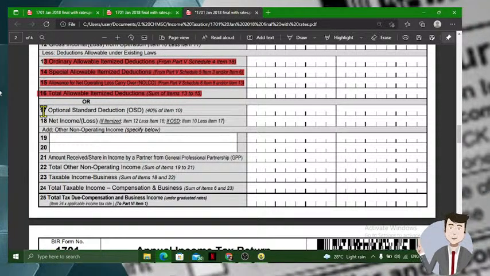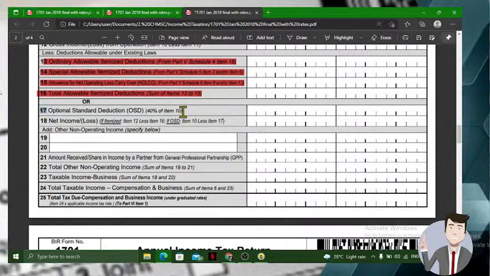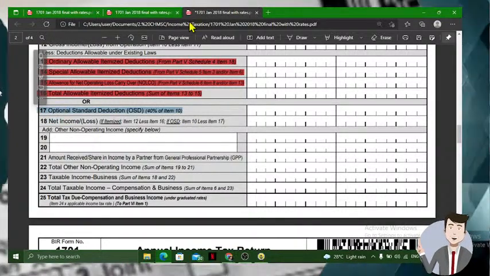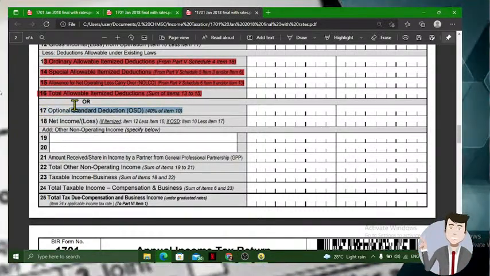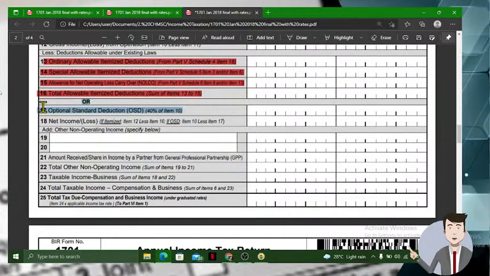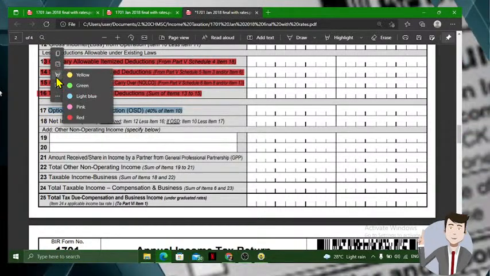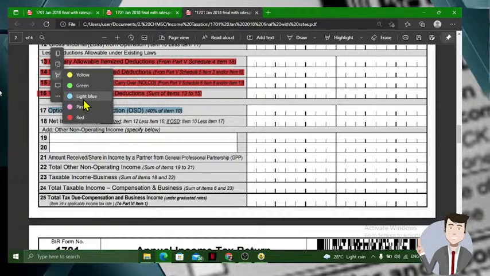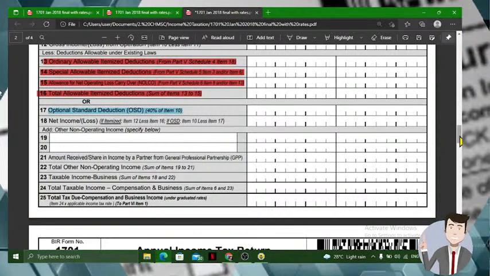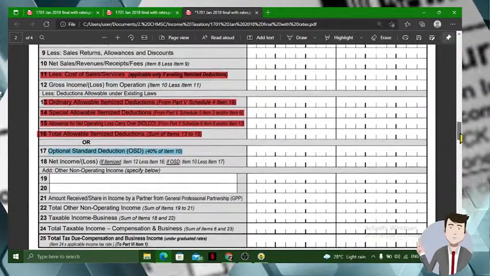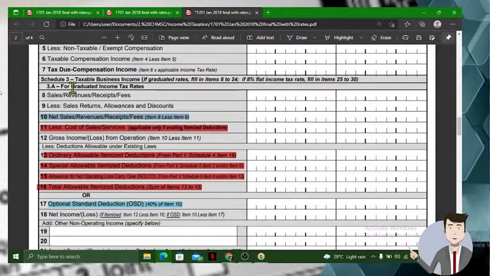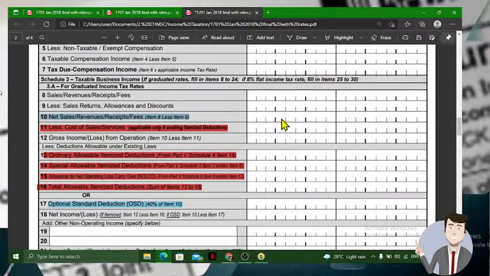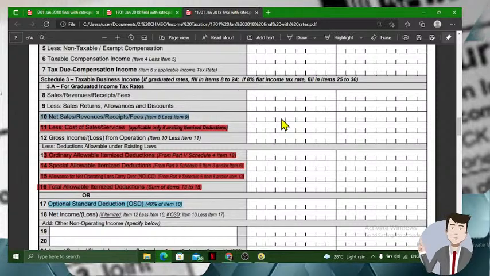the format is very simple. One column only. It is just 40% of item number 10. What is item number 10? Item number 10 is this one. Okay? Your net sales, revenue, receipts, and fees.